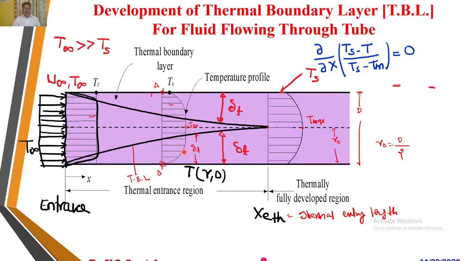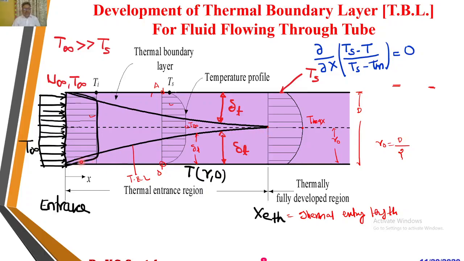So because of this no temperature jump condition, a small region in the y direction is developed where temperature gradient exists, and the thickness of this region is called the thermal boundary layer thickness. Such a region is developed on both sides of this tube where temperature gradient exists, and this region is called the thermal boundary layer.